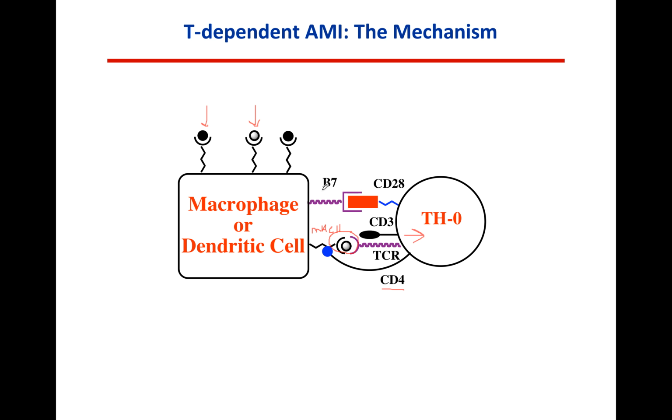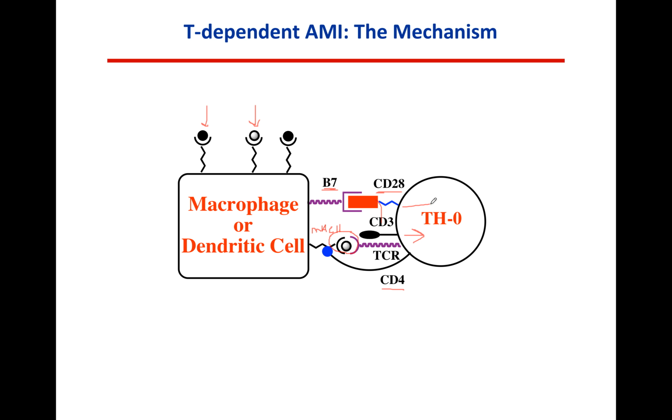Now, remember I talked about B7 on the surface of the macrophage and dendritic cells, which is expressed when they undergo this antigen processing. You get more expression of B7 on the antigen processing cells. They bind to another molecule which you'll find only on T cells, and that is CD28. So they form the B7 CD28 complex.